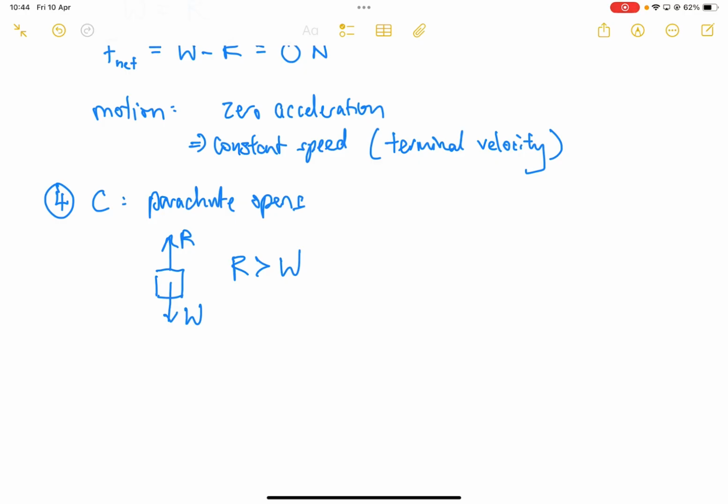So if you talk about the resultant force, F net will be equal to W minus R. And since R is larger than the weight, what will happen to the resultant force? It will be negative. Maybe I shouldn't use the arrow up because that means it's increasing. I should just say that it's larger.